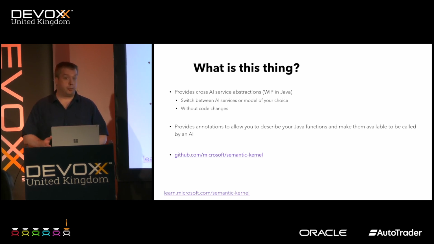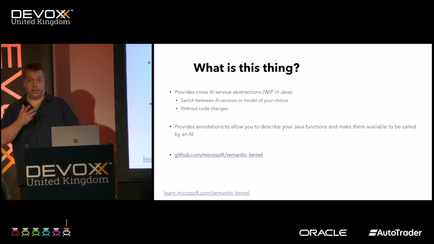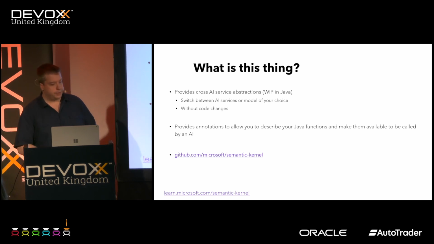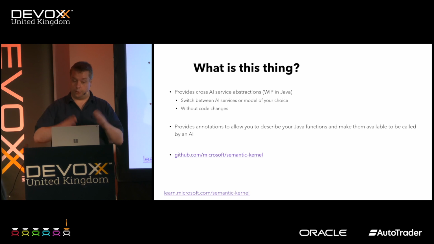This should all be possible without making code changes. You can effectively just make a configuration change to say, we want to use this service or that service. But hopefully your prompt should work irrespective of the service.